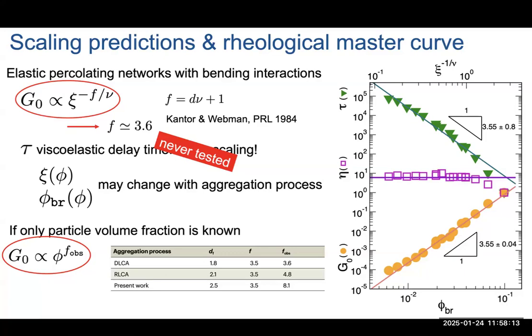So this type of explanation, that depending on how your aggregation takes place you are going to see a different dependence of the modulus on the amount of particles, would allow you to capture this complexity. It's always a type of rigidity transition, but you are going to see a different exponent because the aggregation that builds the rigid structure is different.